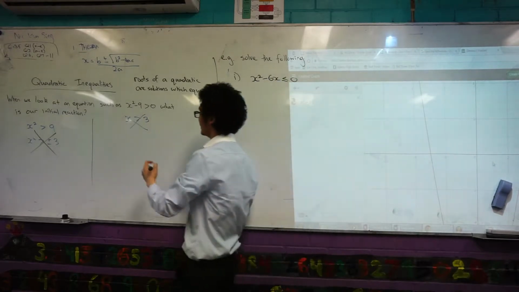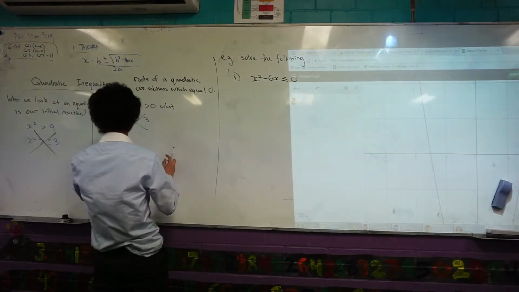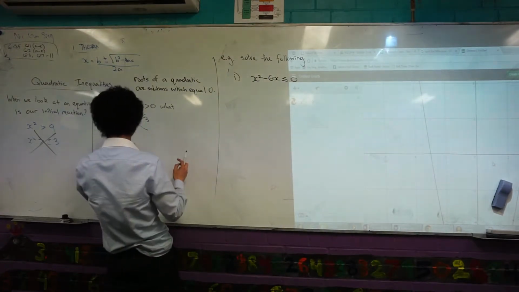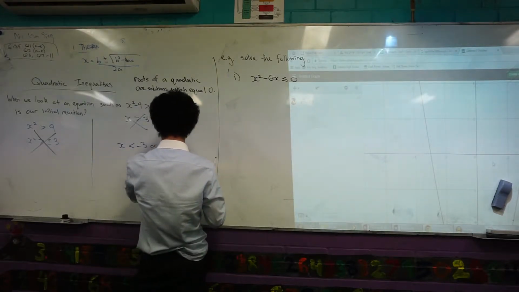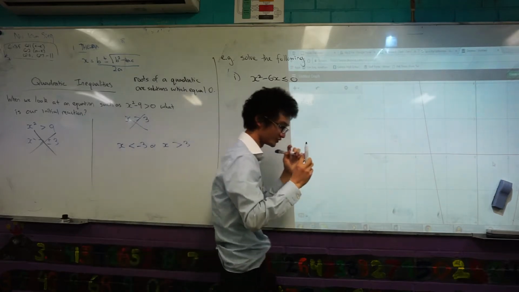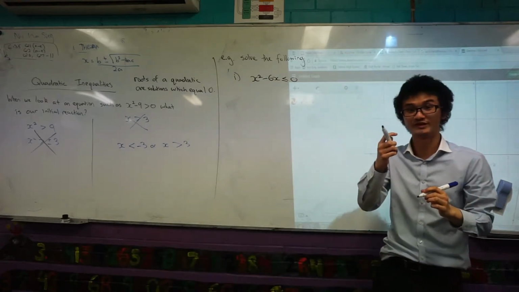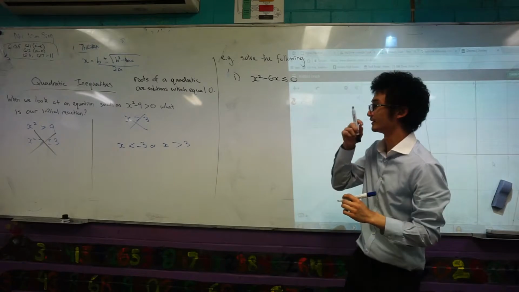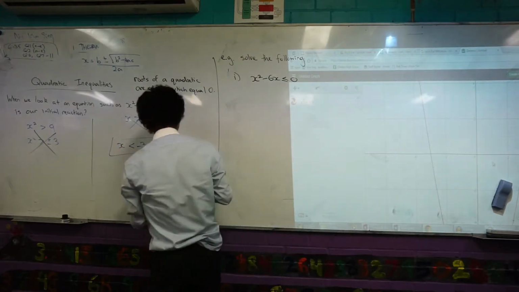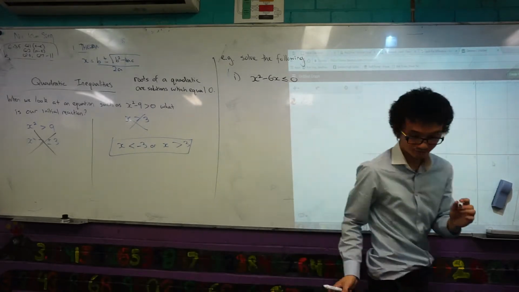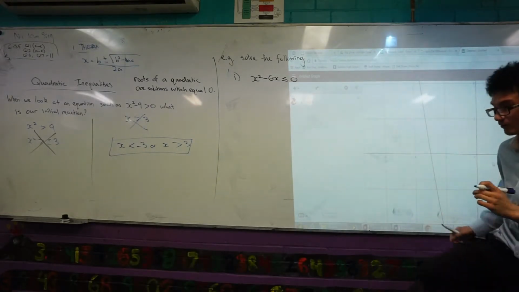So the solutions for this one are x less than minus 3 or x greater than 3. Those are my solutions. And I've just shown you the graphical method. We don't have to rely on constructing a number line and then testing points. We can simply graph the parabola or quadratic function.